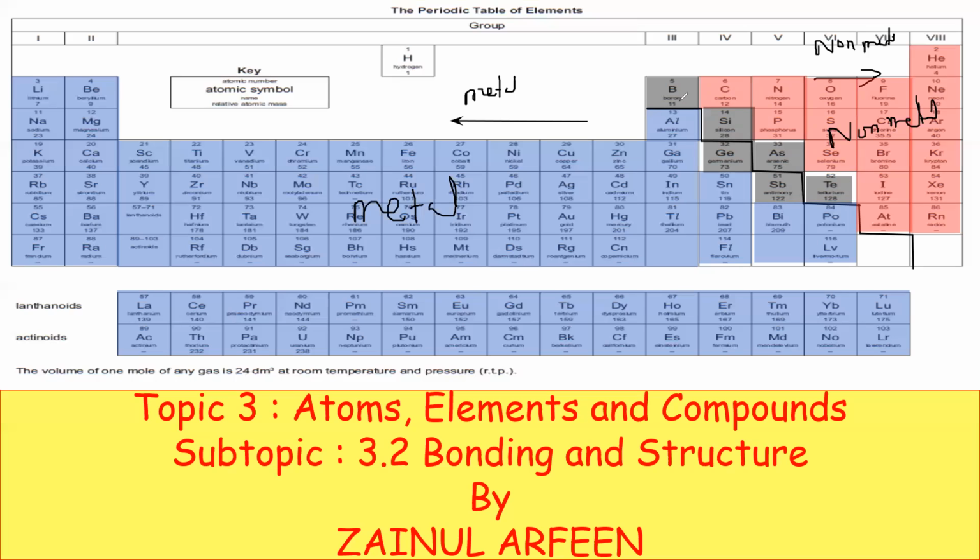Is it clear how you can identify using a periodic table? Because in the exam you will have the periodic table. You don't have to memorize these elements as metals or non-metals. You just have to learn a simple technique. And what is this technique? First you draw a stair between boron and aluminium, and continue this stair.